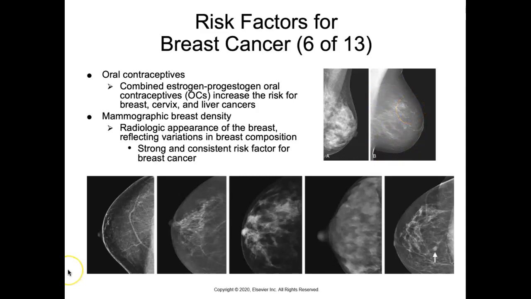And down here at these images, we can see in A here, we have a breast that is almost entirely fat. B here, we can see that we have some scattered fibroglandular densities. Then in C, we see heterogeneous density. In this image, we see that the breast tissue is extremely dense. It's almost gray and white all over. And lastly, we see a breast that has invasive cancer. And this arrow here is pointing to that structure.